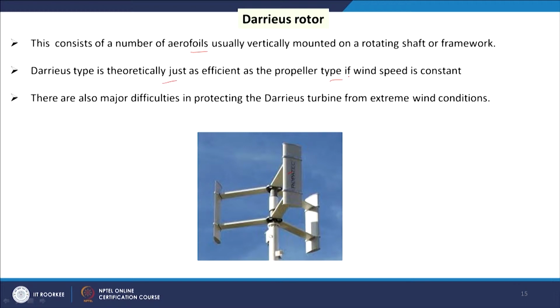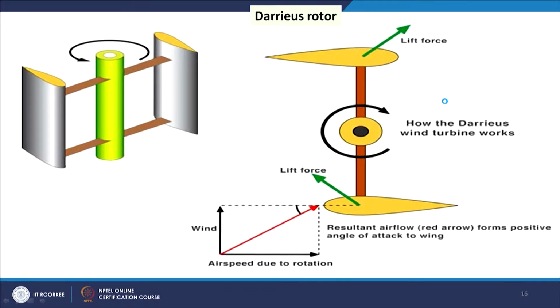Its efficiency is better with respect to Savonius type, and there are major difficulties in protecting the Darrieus turbine from extreme wind conditions, and this is the mechanism you see here. So, this will move in these directions. The lift will work in these directions and it will give some movement.